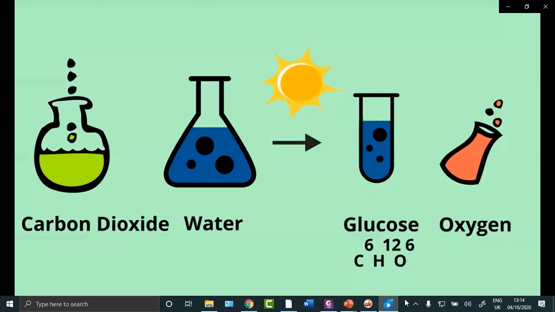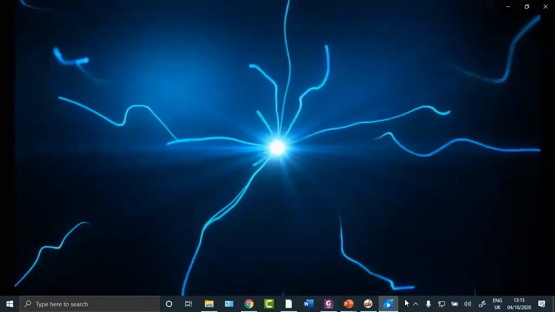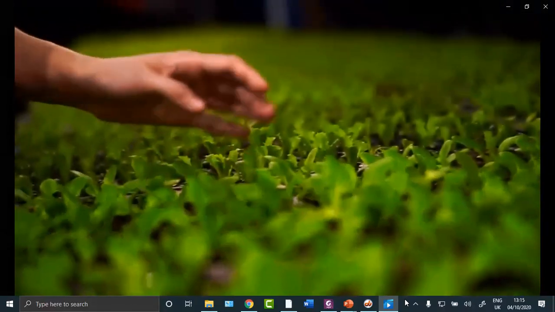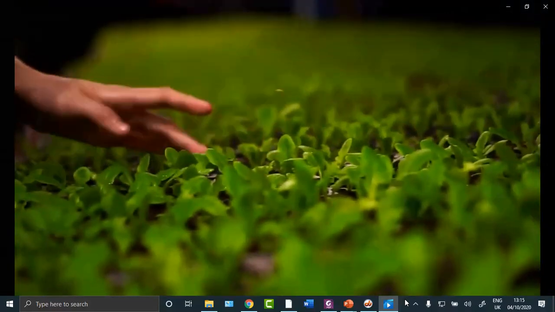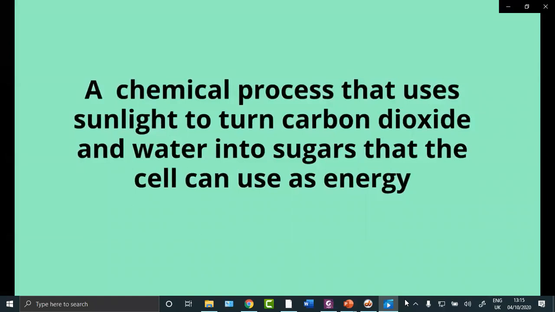Sugar created in the chemical reaction called photosynthesis is used by the plant to create energy. You could define photosynthesis as the process by which plants and other items make food. It is a chemical process that uses sunlight to turn carbon dioxide and water into sugars that the cell can use as energy.